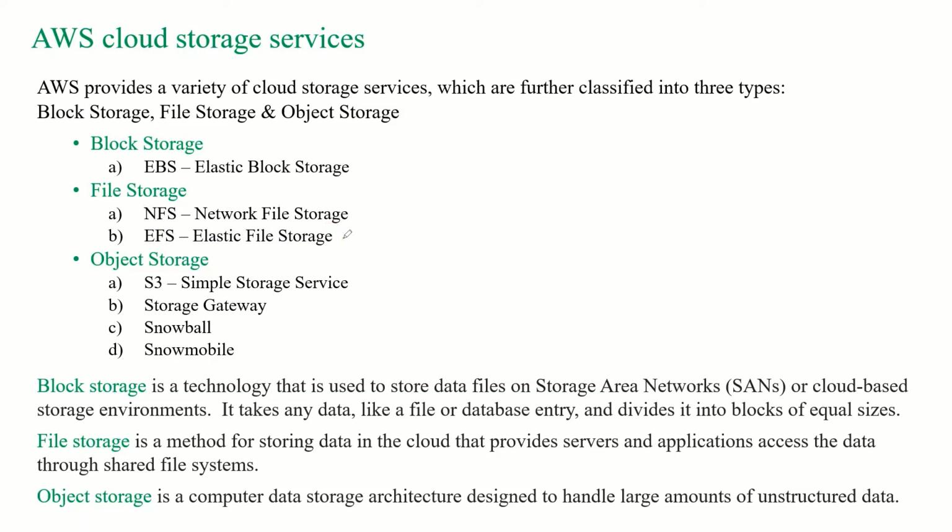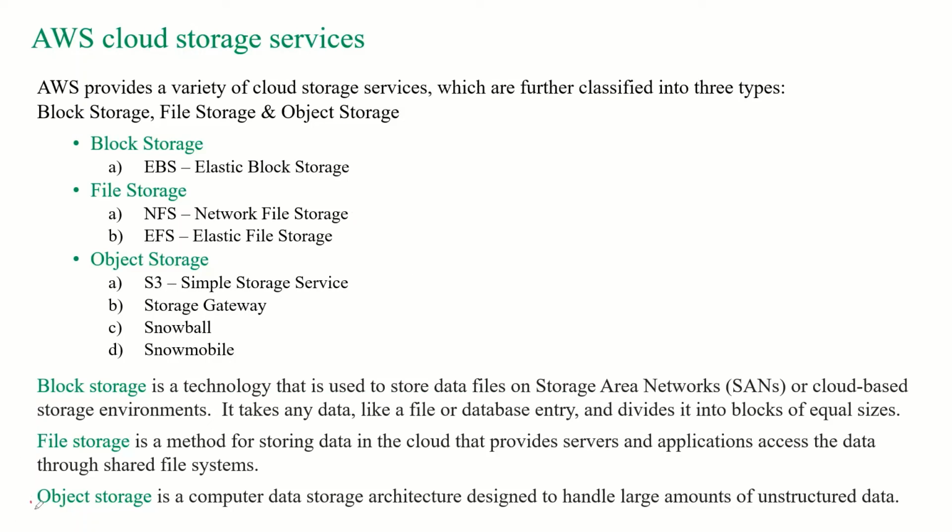Because Windows cannot understand the file formatting structure that Linux uses. That's the reason EFS can be used only in Linux or Unix-based operating systems. However, NFS can be used vice versa in any of the operating systems.